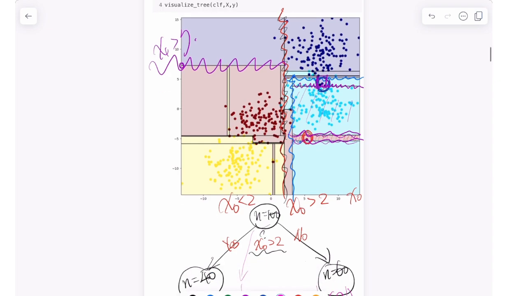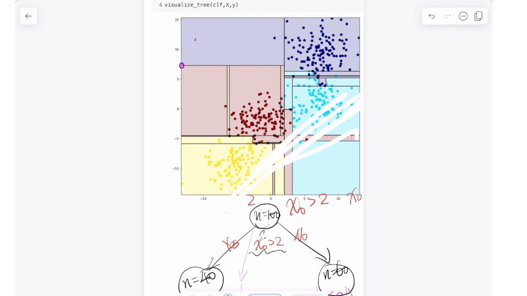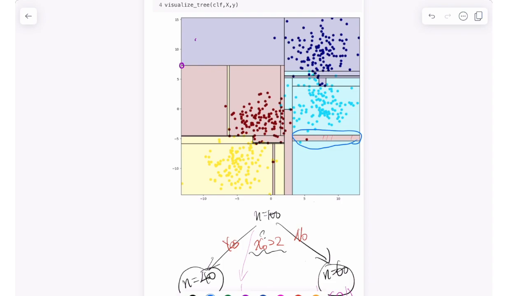Because if you really create such kind of subspace right here, and for example right here and right here, then in the future when you collect your testing data, there may be some data right here.